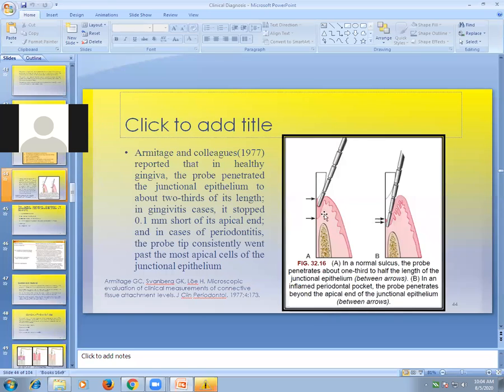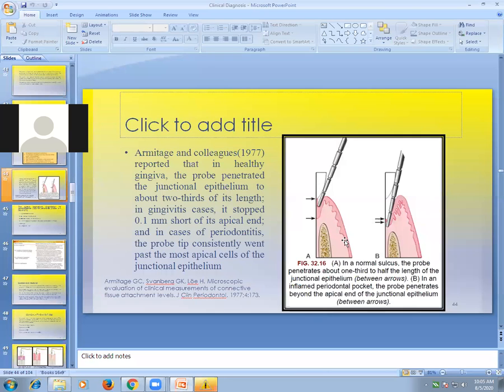Sometimes with probing, an ideal probing force is required. How much should it be? Any one of you can tell me? When we check probing depth, how much probing force do we apply? Does anyone know how much the probing force is? It should be 20 grams or 0.75 newtons. Now how do we identify 20 grams?